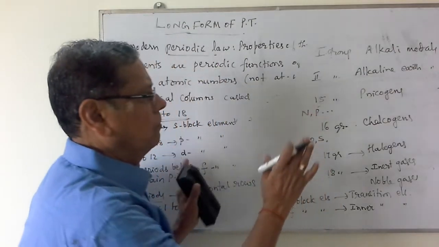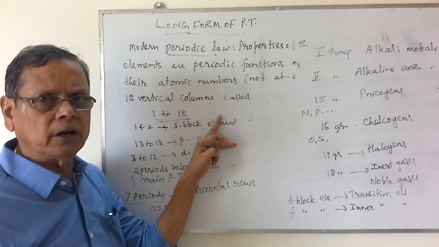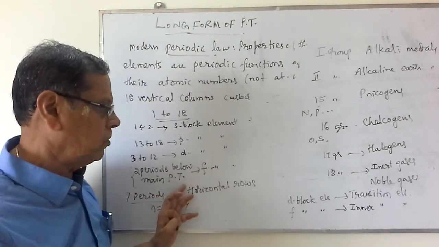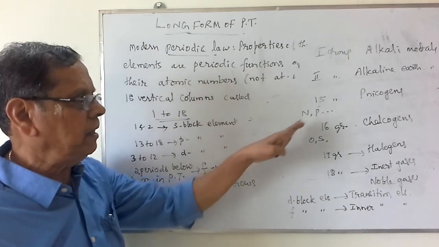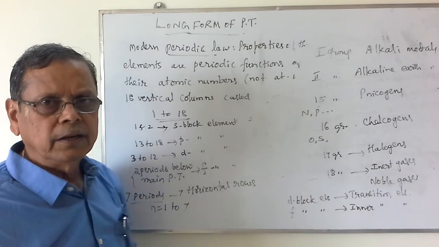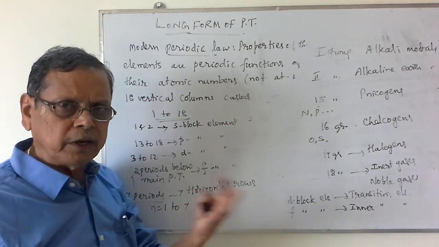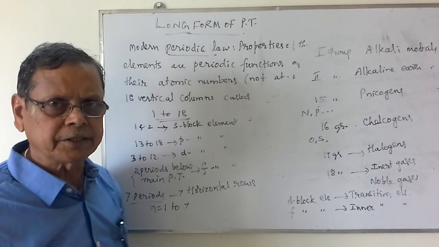So this is one method of classification, that is into 18 vertical columns called groups, and 7 horizontal rows called periods, and based on that we have different numbers of elements in the various groups. There is one more method of classification as metals, non-metals and metalloids.